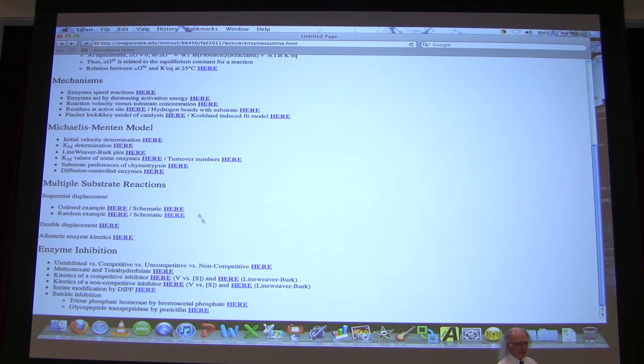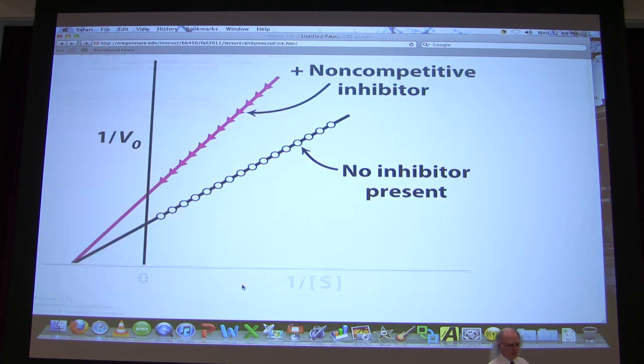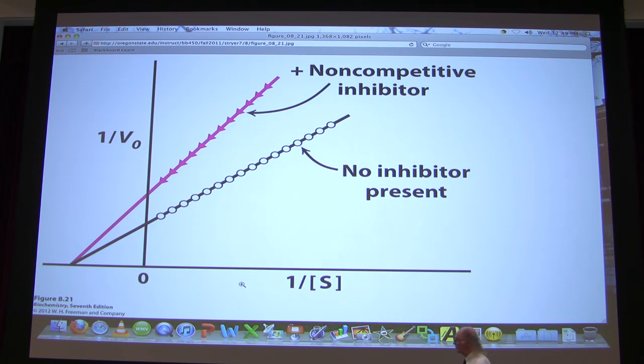By contrast, if we did a non-competitive inhibition reaction and compared it to a normal reaction, we see that the two lines cross at minus 1 over Km. That's not surprising because the Km values for those two are the same. Why is the red higher?